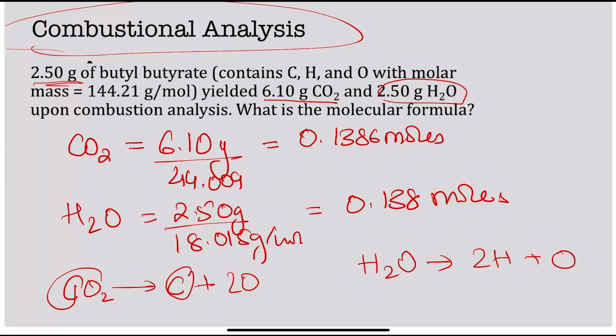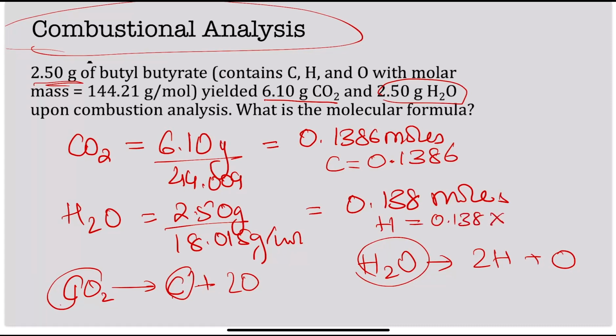So you need 2 hydrogen atoms to form 1 molecule of water, whereas you only need 1 carbon to form 1 molecule of carbon dioxide, which means the number of moles of carbon is going to be the same as for CO2. But for hydrogen, I have to multiply this by 2. So it's going to be 0.138 times 2.